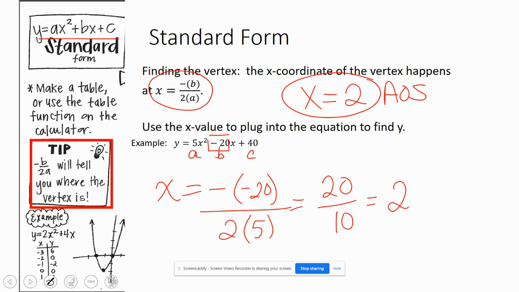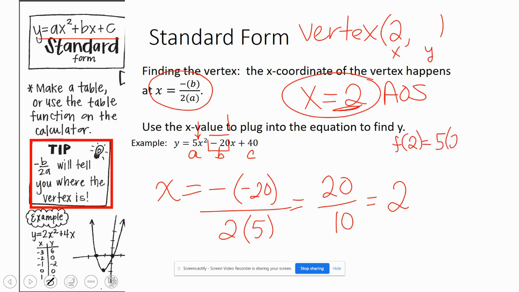Now if I want to find the full vertex, to find the y value that goes along with this 2, because your vertex will be the point (2, something), we just take and plug in 2 in place of x. So f of 2 would be equal to 5 times 2 squared minus 20 times 2 plus 40.